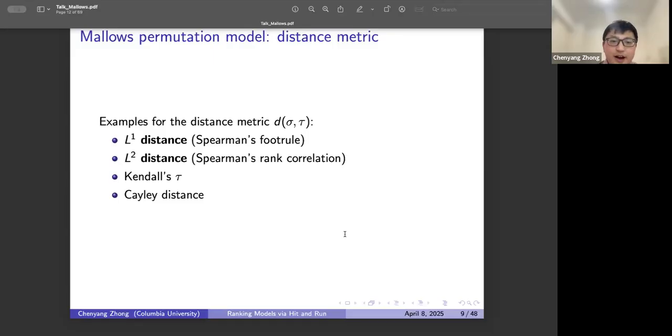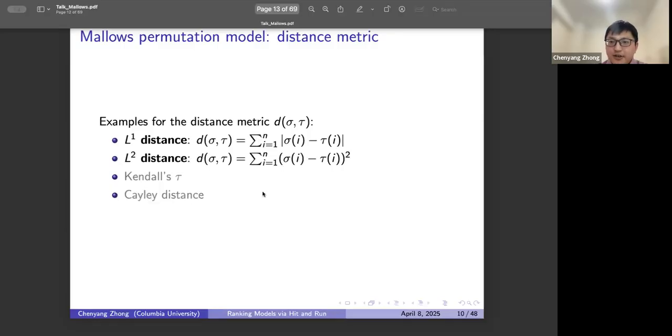Besides those, there are also two other distance metrics that are commonly used, called Kendall's tau and Cayley distance. However, since they are not the focus of this talk, I'm not going to introduce the specific form for those two other choices. I will just introduce the concrete formula for computing L1 and L2 distances.